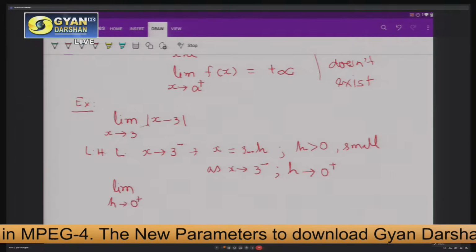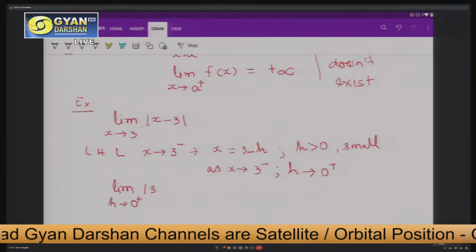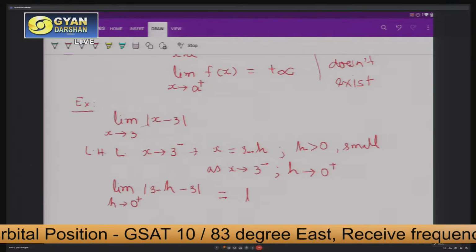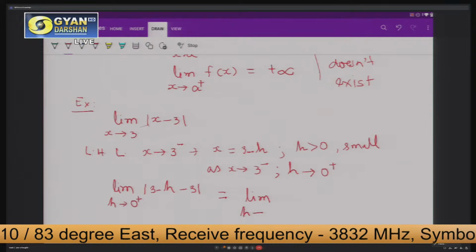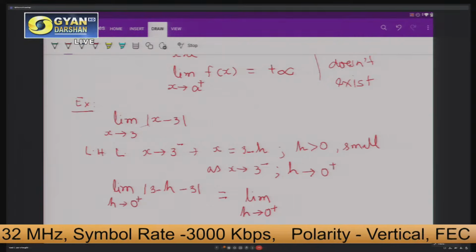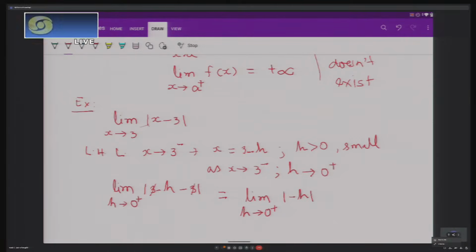The same limit we can write like this, and in place of x we can write 3 minus h minus 3 mod, which will be equal to limit h tends to 0 plus, and this will be equal to, this 3 and 3 will be cancelled out, so it will be minus h mod, which will be equal to limit h tends to 0 plus, this will be equal to h, which will be equal to 0.